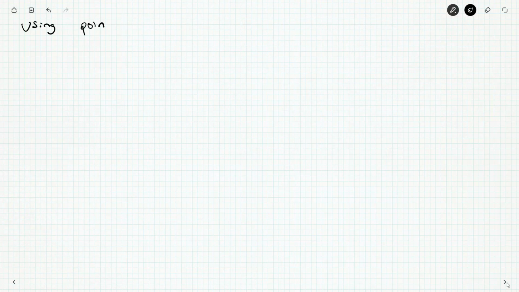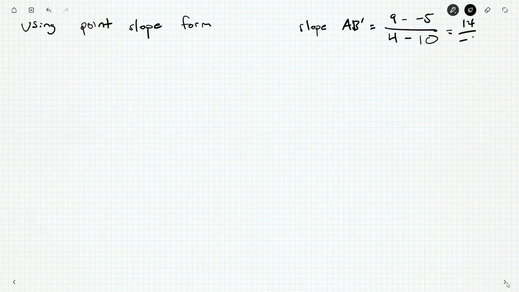So using point slope form, the slope of AB prime is rise, so the difference in the y's, over run. That'll be 14 over negative 6, or negative 7 over 3.